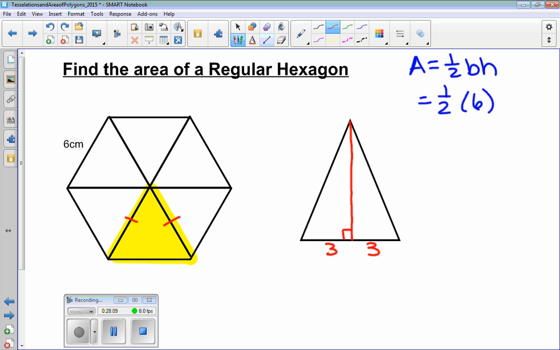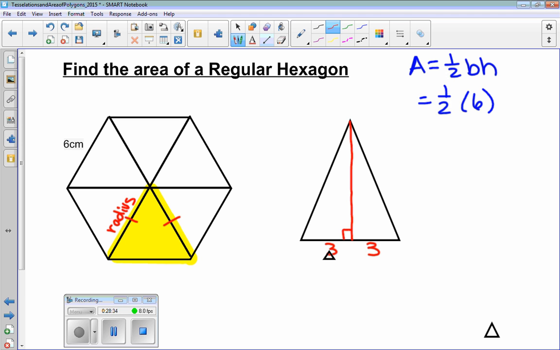Well, they're going from the center out to what's called a vertex. We call that a radius. If this was a circle and this was inscribed inside the circle, wouldn't that be the radius of the circle? We also call it a radius of the hexagon. Okay? And since they both have the same radius, we know that it's an isosceles triangle.